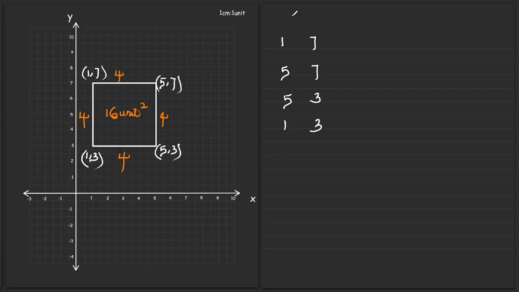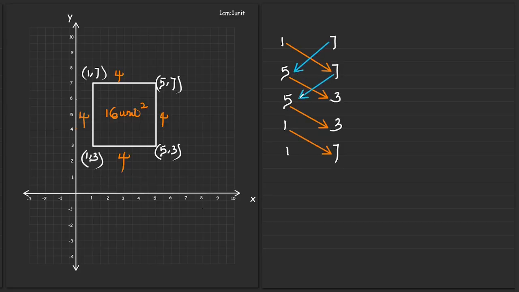And I would have to repeat this first one as well, so (1, 7). Let me create space between them. We know how the multiplication goes. We just multiply these, and when we finish, we do the same in this direction as well.